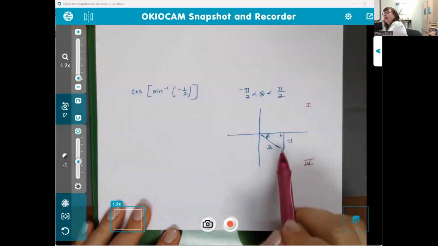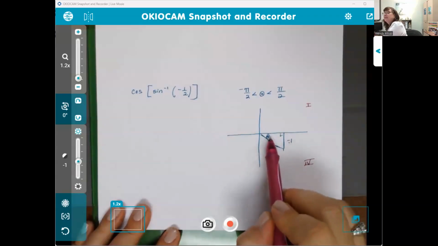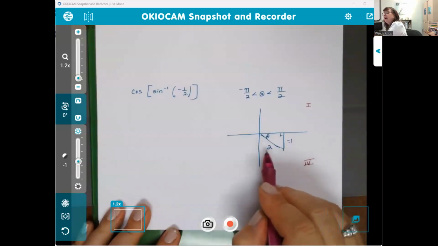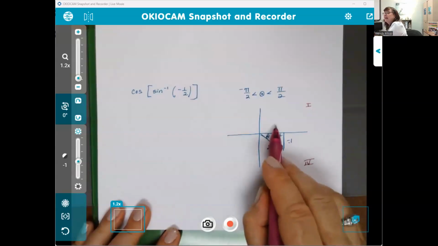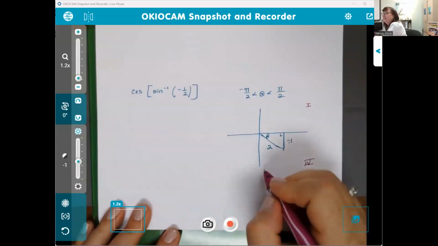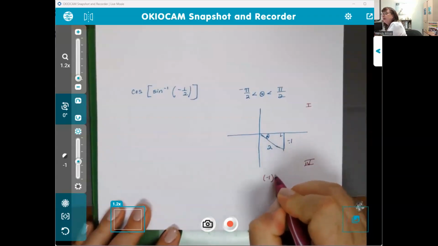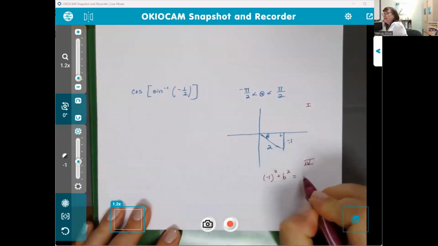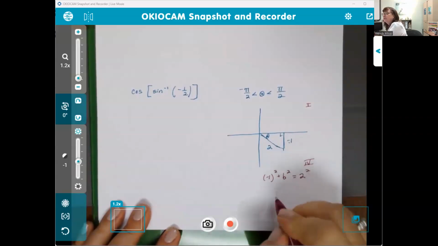So I've drawn my triangle. There's my theta, and my sine is -1/2, so the opposite over the hypotenuse, and I need to find the other adjacent side. So -1 squared plus this other side, b squared, equals our hypotenuse, which is 2 squared.